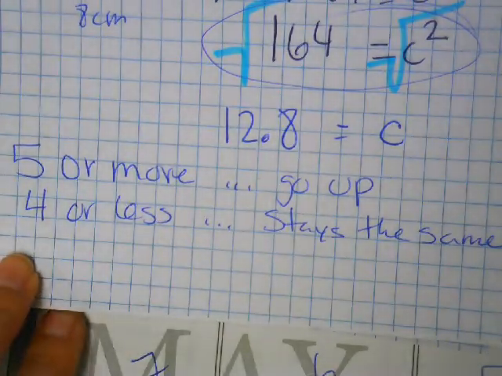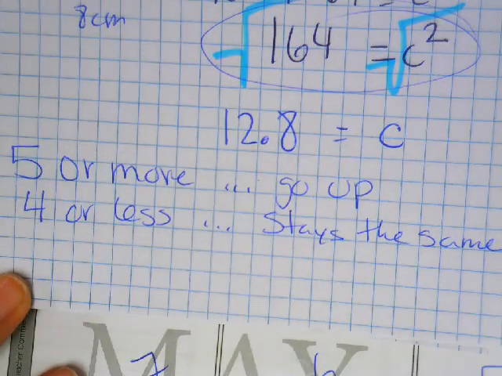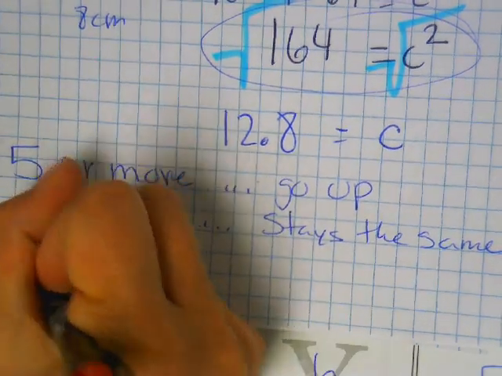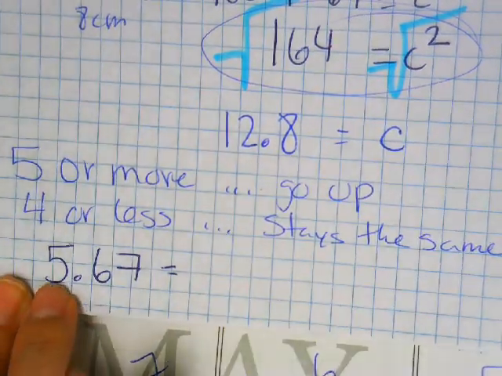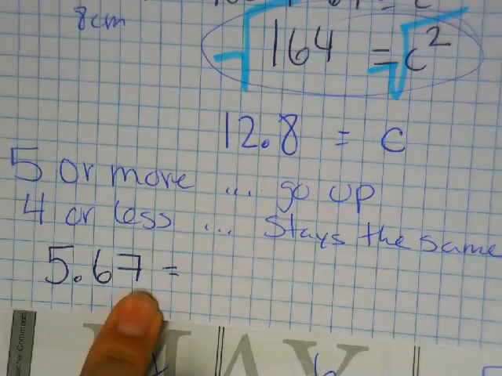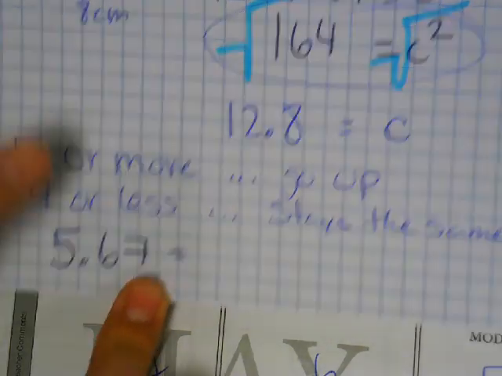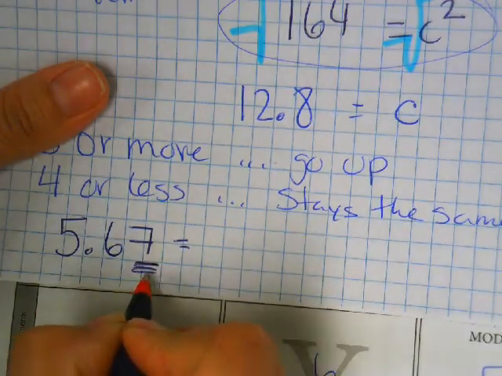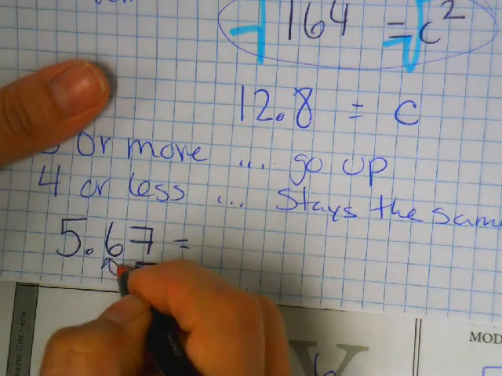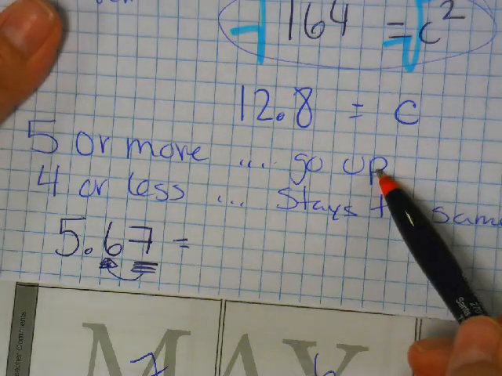So on today's assignment, if you do the calculator thing and you end up with 5.67, we're going to pay attention right here. If your calculator says 5.67 and a bunch of other numbers, you're going to look at the 7. What does the 7 tell the 6 to do? To go up or to stay the same?